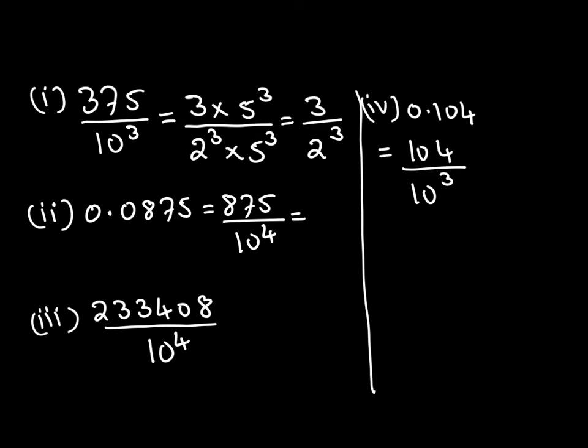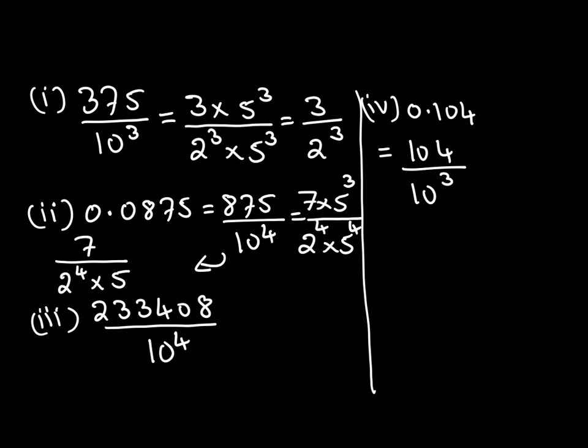The prime factorization of 875 will be 7 times 5 to the power 3 over 10 to the power 4. The prime factorization of that is 2 to the power 4 times 5 to the power 4. If you cancel out the common factors, 5 to the power 3 and 5 to the power 4, you will end up with 7 over 2 to the power 4 times 5.